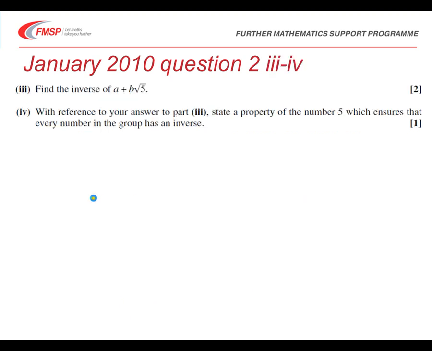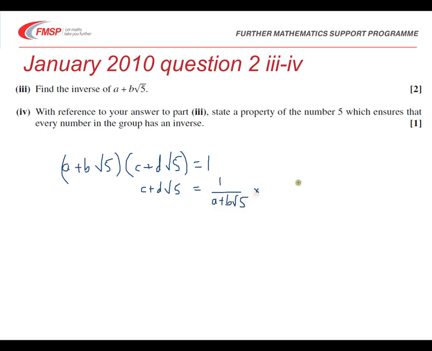Looking at parts 3 and 4 then. In part 3 we're asked to find the inverse of a plus b root 5. Well, we now know what the identity is, so what we want to do is take a plus b root 5 and multiply it by something that's also in the group that gives me my identity. So my inverse is going to be 1 over a plus b root 5, and then we're just back into a bit of AS core really.